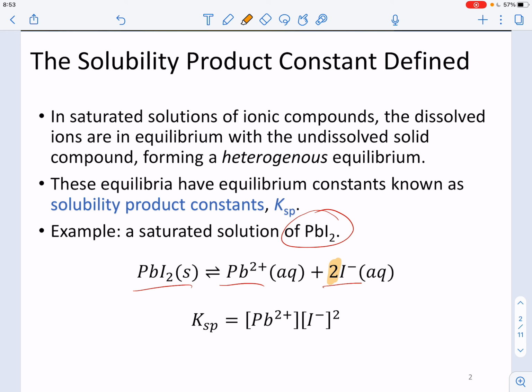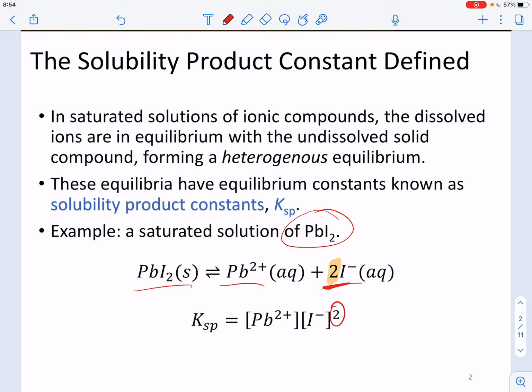Okay, so the ions can regroup and form the solid, so that's the reverse reaction, so to speak. But because we have a stoichiometry here that is different from 1 to 1, you obtain two iodides here. Therefore, when you write your KSP expression, which is again an equilibrium constant, you have to consider the stoichiometric coefficients in that expression.